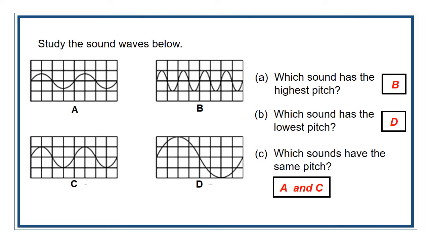A and C. If we compare the wavelengths of A, B, C and D, B has the shortest, D has the longest, and A and C have the same wavelength.